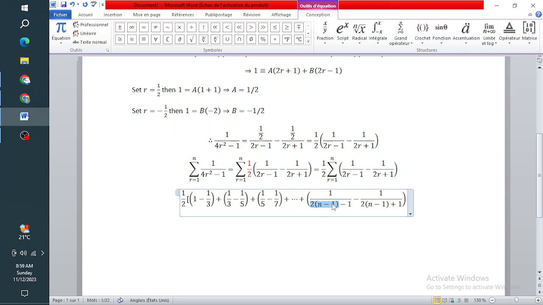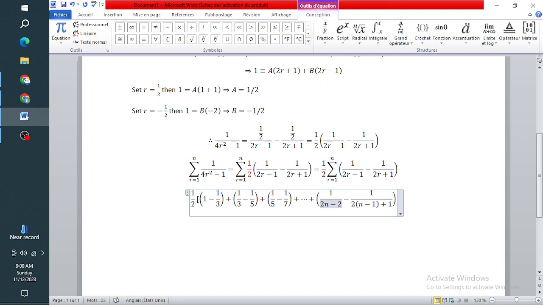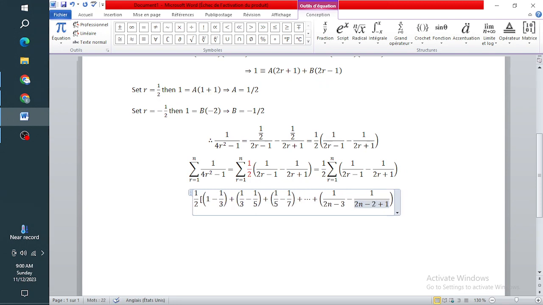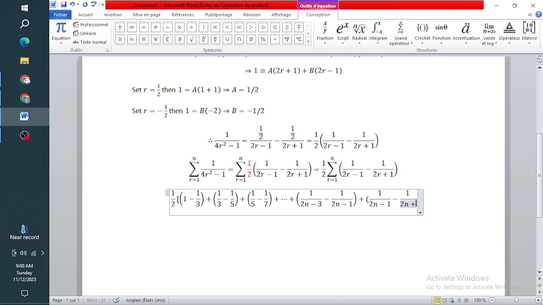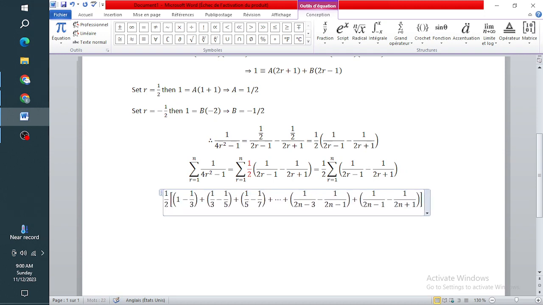This whole gives me 2n minus 2. When you take minus 1, you get 2n minus 3. Now this gives me 2n minus 2, plus 1 gives you 2n minus 1. And finally, when r is equal to n, we just have 1 over 2n minus 1, minus 1 over 2n plus 1. I'm just replacing r with n.